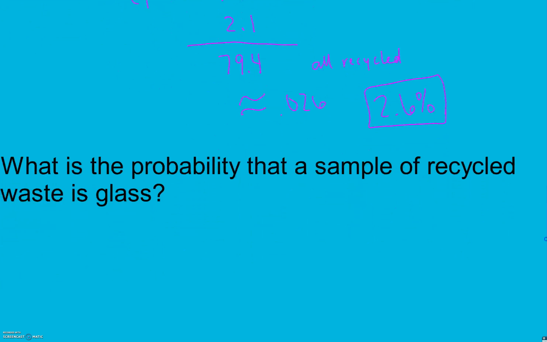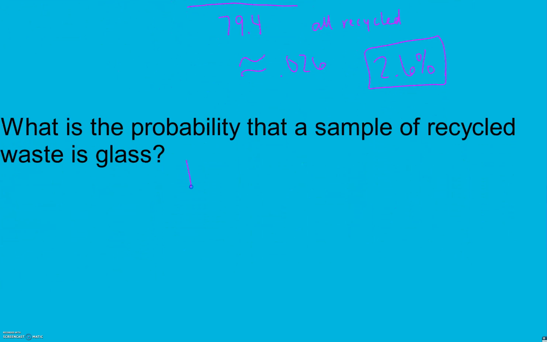What is the probability that a sample of recycled waste is glass? So again, we want the probability that something is glass provided it was recycled. Probability of glass is 3.2, and all of our recycled is 79.4 still. I'm going to start that over.